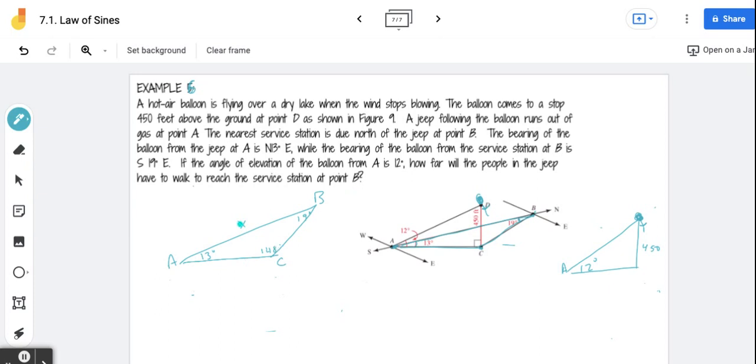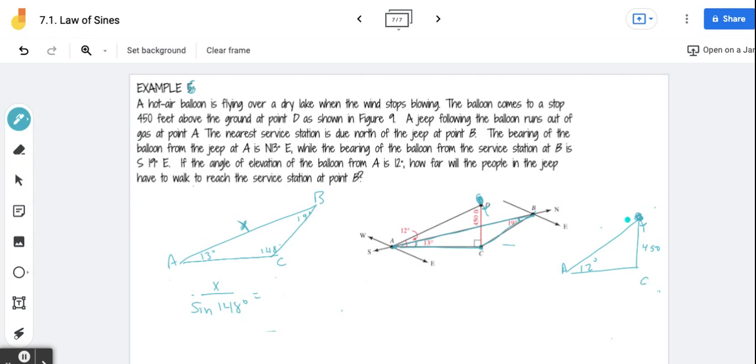So the problem is I don't have enough information to find X yet. Now I know the angle across from it, so I know I need X over the sine of 148 equals, I need some side. I either need AC or BC. I can't do this with two sides being unknown. So when I look at this, this is C right here, by the way.